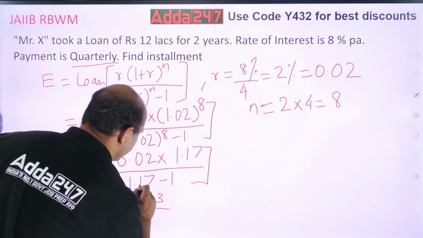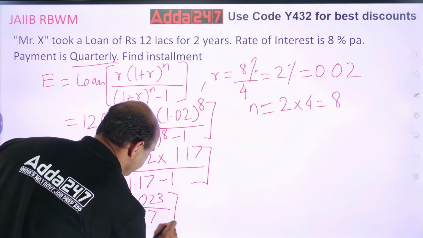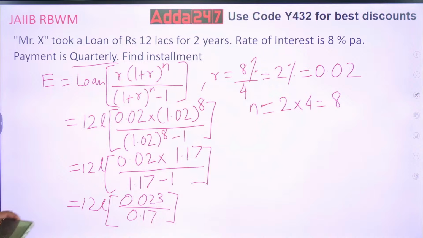The whole upon 1.17 minus 1, so it is 0.17. Getting this? Everyone clear? So divide it: 0.023 divided by 0.17. So you'll get it as 0.137.